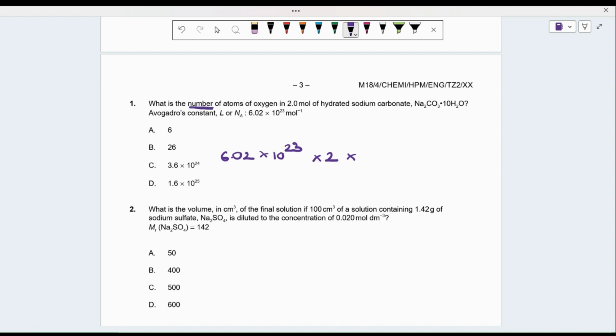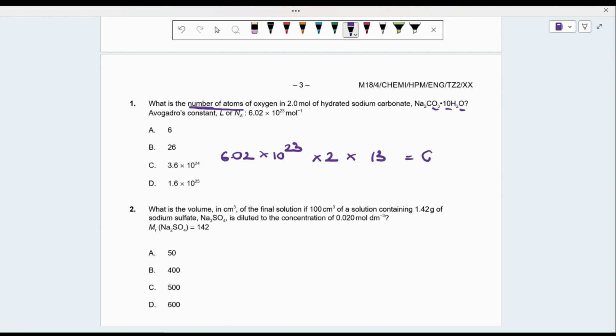And because it's number of atoms, we look at how many oxygen atoms we have in hydrated sodium carbonate. We have 3 plus 10, so we have 13. So then we times that by 13.